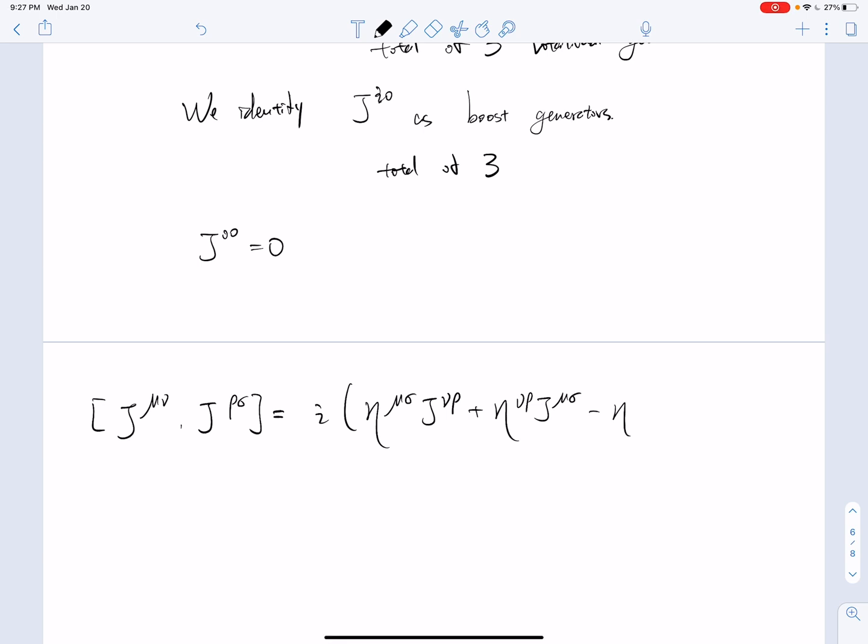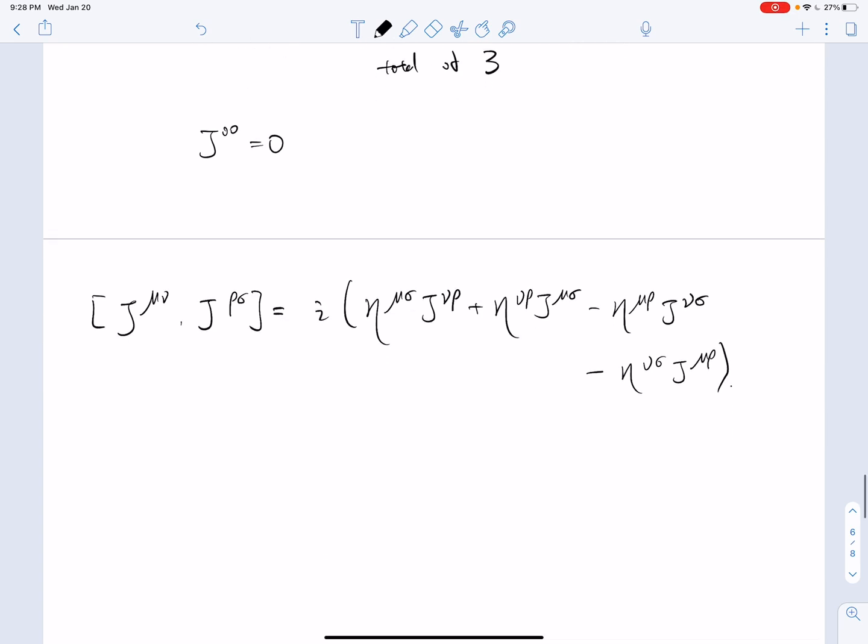Minus, let's see, mu and rho, mu sigma minus mu sigma J mu and rho. Right. So this is the Lie algebra of Poincare.